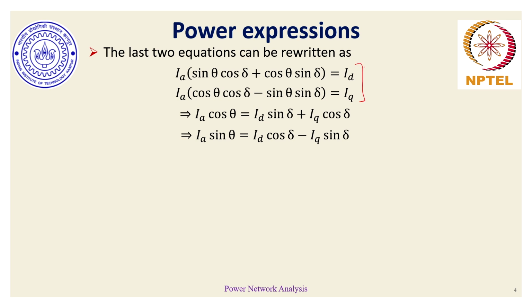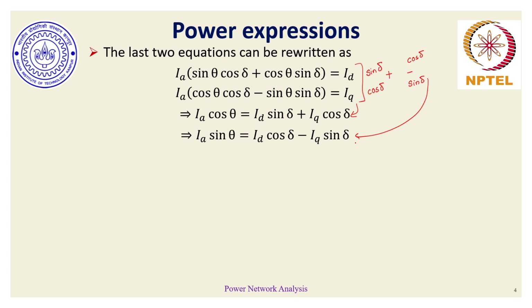Now if we multiply the first equation by sin delta and multiply the second equation by cos delta on both sides and then add them up, I would essentially get my third equation. Similarly, if I multiply the first equation by cos delta on both sides and multiply the second equation by sin delta on both sides and then take the difference, I would essentially get the fourth equation.